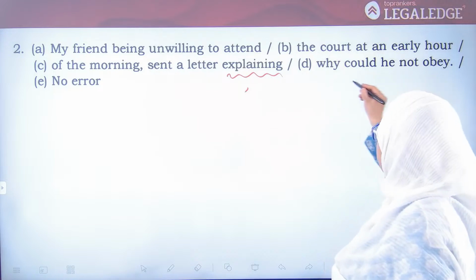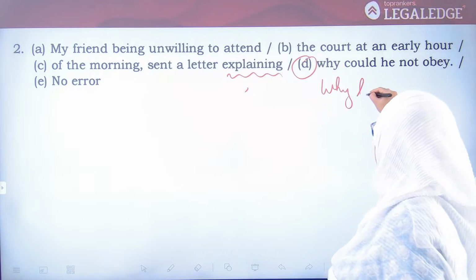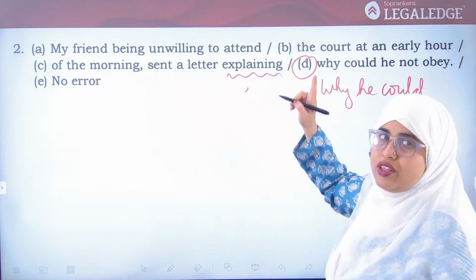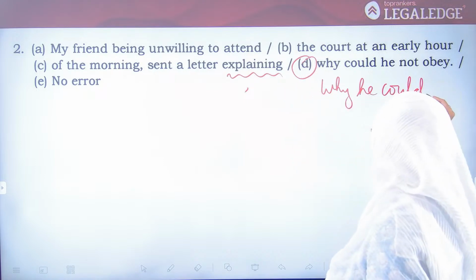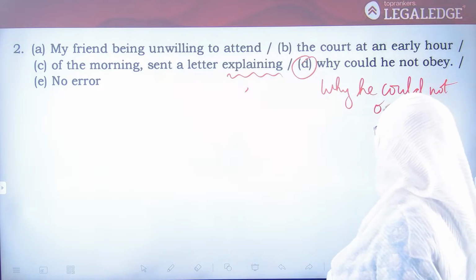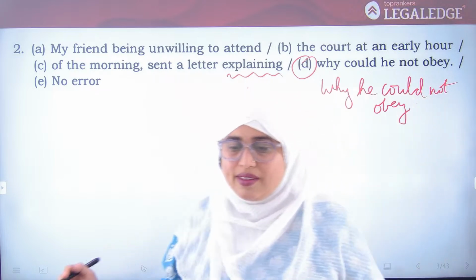So the erroneous part is D. Why he could not instead of could he not, because that's not a question. I hope I have made it clear to you, students.